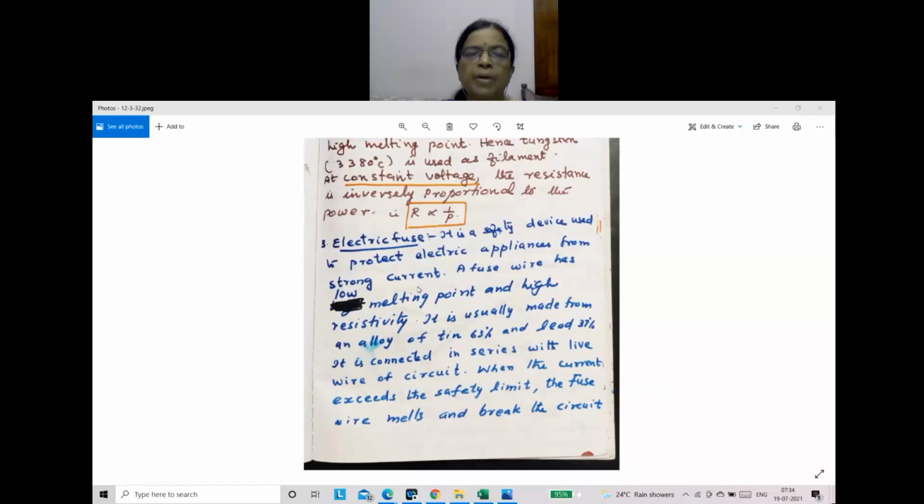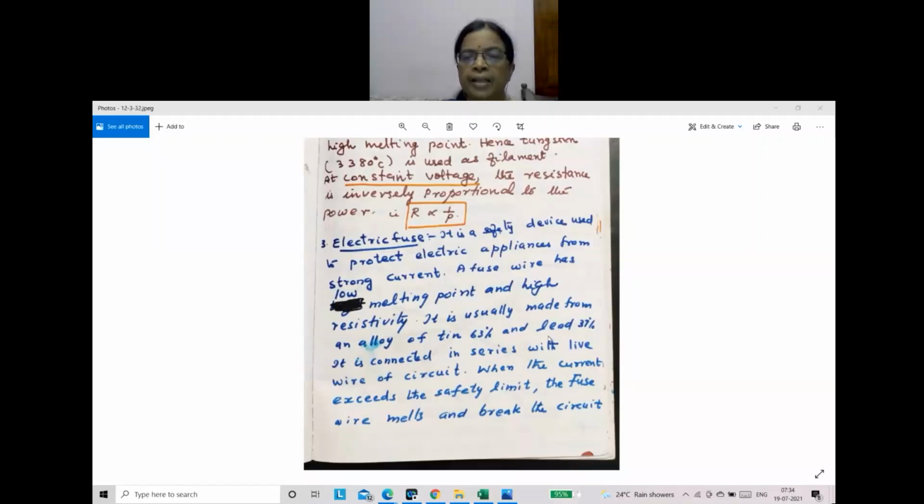A fuse wire has a low melting point. So when very high current flows, what happens? That material melts and breaks the circuit. So melting point must be very low. But it will have very high resistance. It is usually made from an alloy of tin 63% and lead 37%.